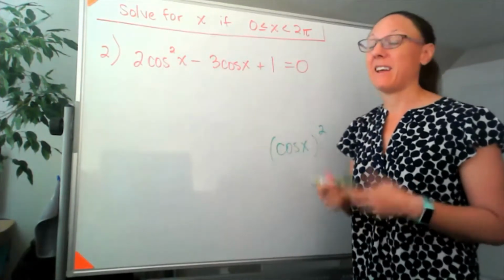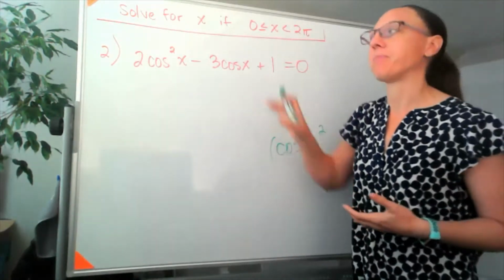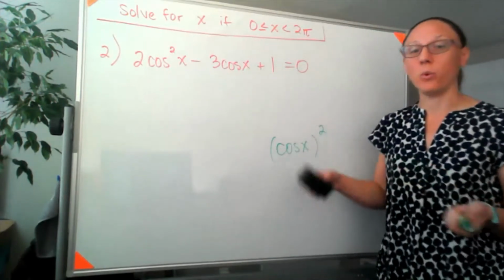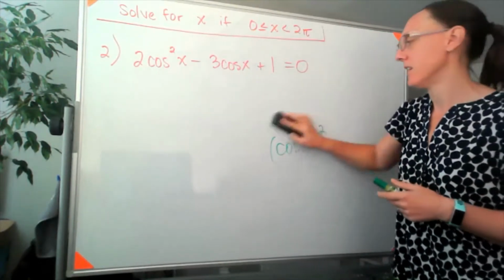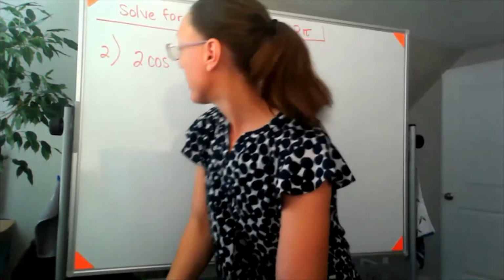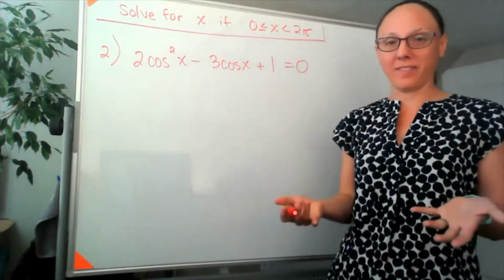So looking at that, if the cosine of x is the thing that I'm trying to isolate by itself, I'm going to start by trying to factor this because it's quadratic with respect to cosine of x. So that 2 cosine squared x minus 3 cosine x plus 1, I'm hoping that this factors.